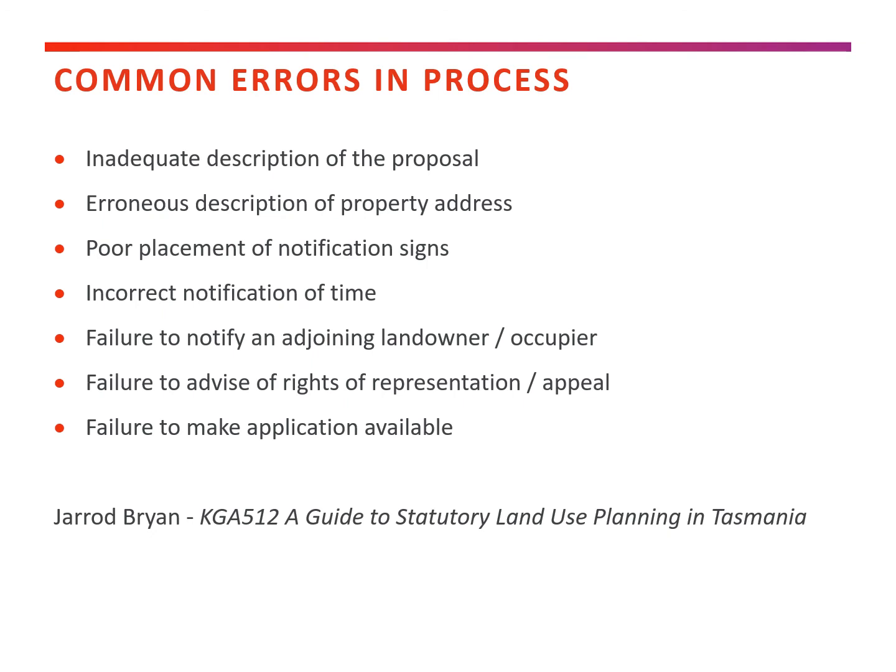The signs to let people know weren't adequate, so maybe people didn't know about it and it was council's fault. Maybe they got the times wrong, maybe they failed to notify the adjoining landowner.